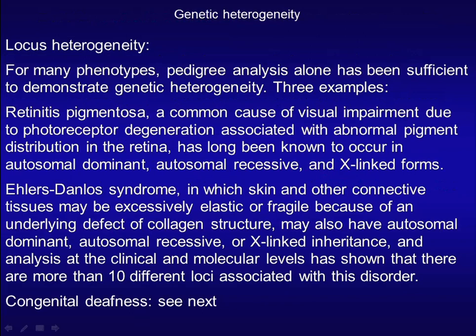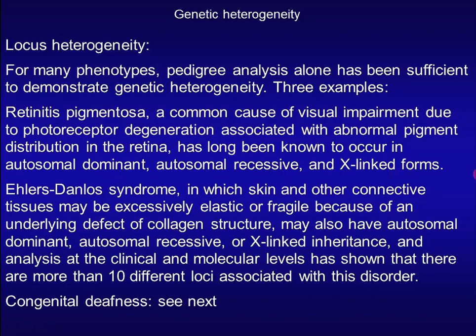Locus heterogeneity can be demonstrated in 3 disorders. One is retinitis pigmentosa. People with this condition have photoreceptor degeneration. It has been known to occur in autosomal dominant, autosomal recessive, and X-linked forms, indicating mutations in different genes can cause this condition.